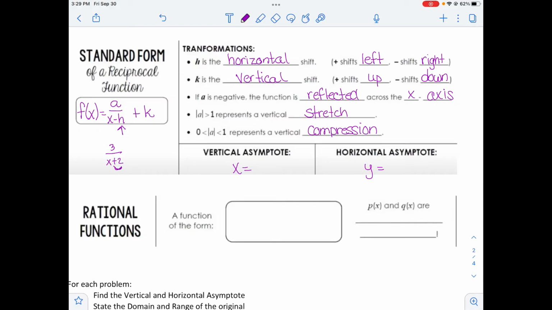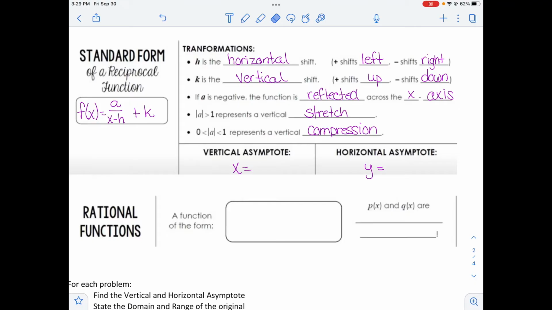So think about what it does. Shifts left, shift right. Same rules as before. The K on the end, attached out here, actually does the vertical, the up and down, just like it does in the other functions. The A being negative still handles the reflection over the x-axis. So that's important to remember.